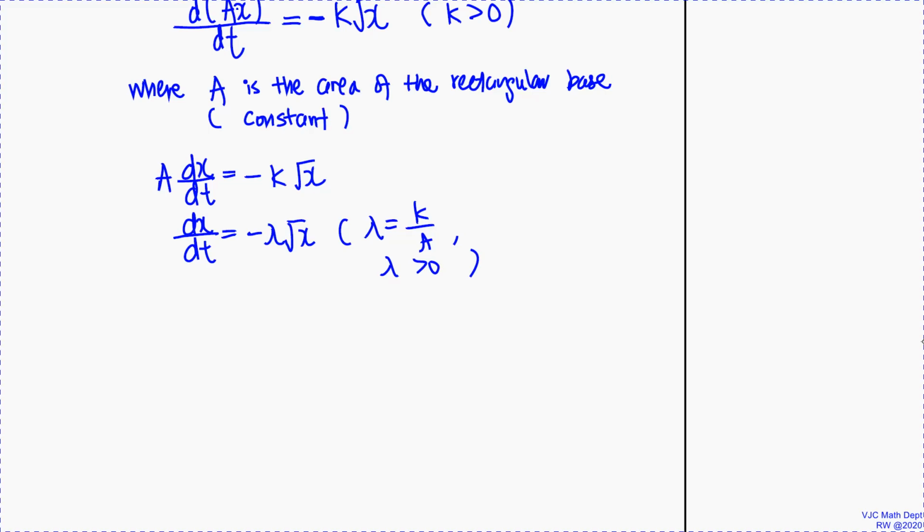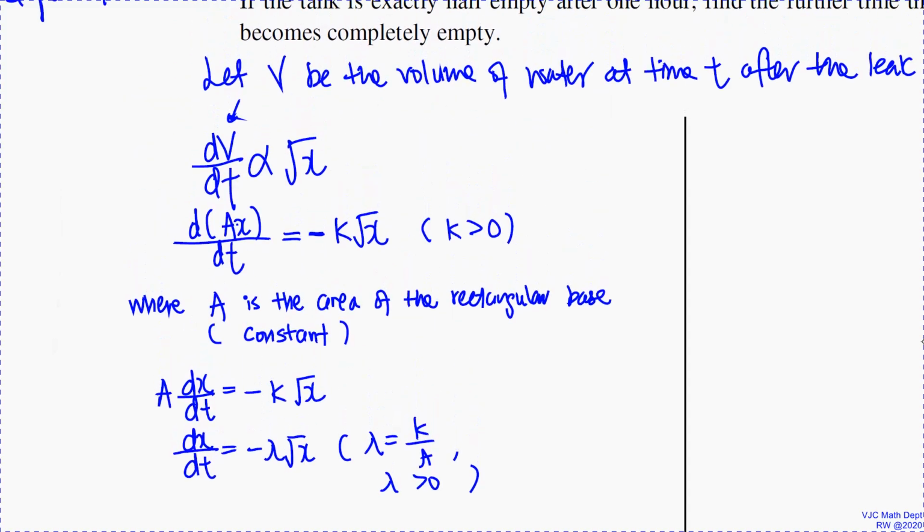Now some of you may say, I know, Mr. Wu, I arrived at that without going through all this dV/dt. I don't think I can give you the credit here because it's not so obvious. What is given is dV/dt.